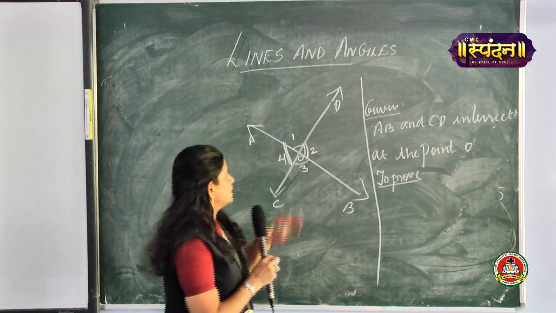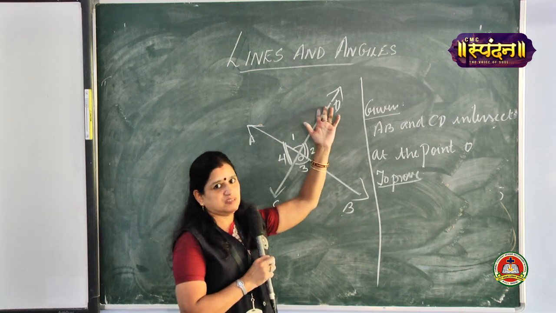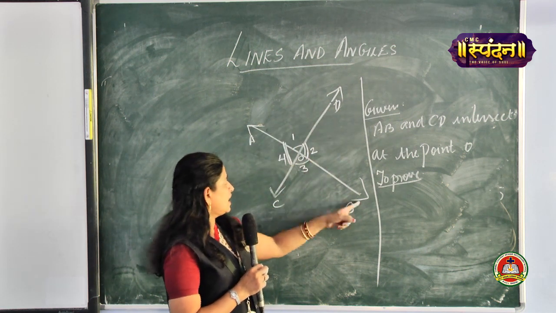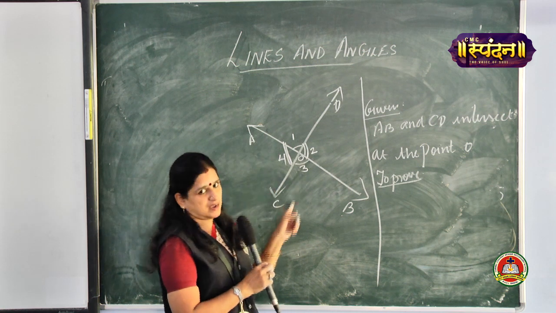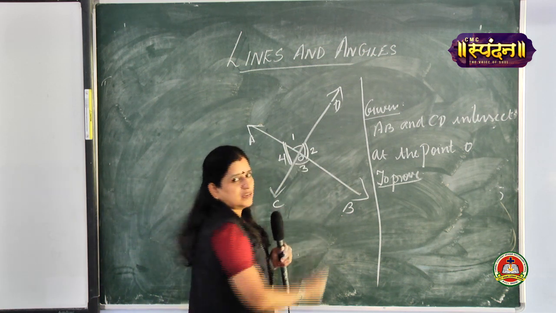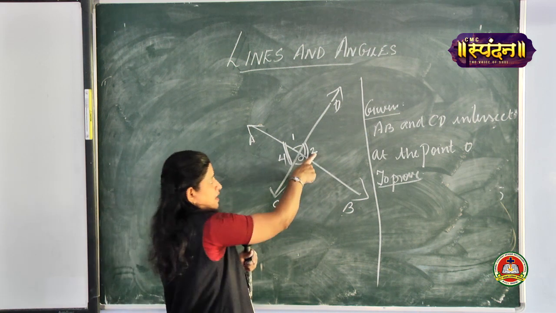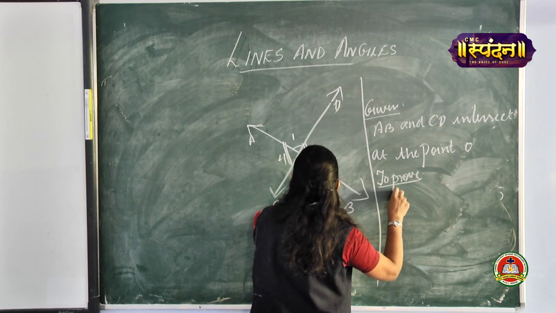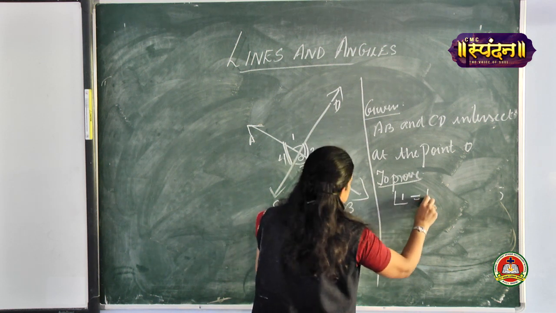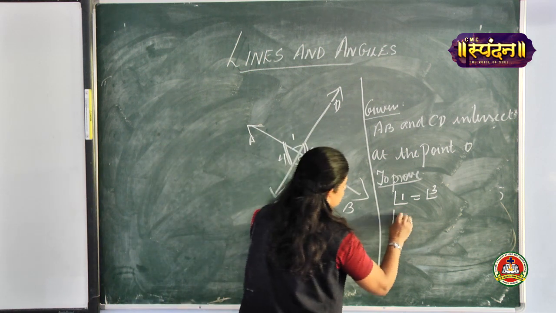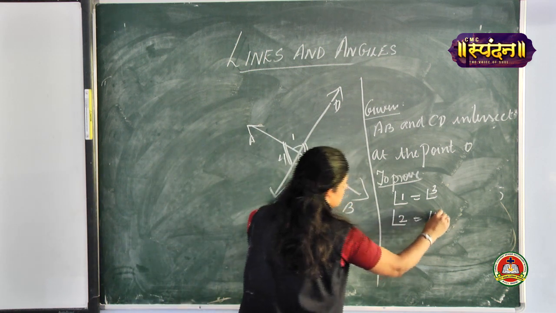You can also use the angle form, that is angle AOD, angle DOB, angle BOC and angle AOC. Now, I have to prove angle 1 is equal to angle 3 and angle 2 is equal to angle 4. So, I will be writing it over here: prove that angle 1 is equal to angle 3 and angle 2 is equal to angle 4.